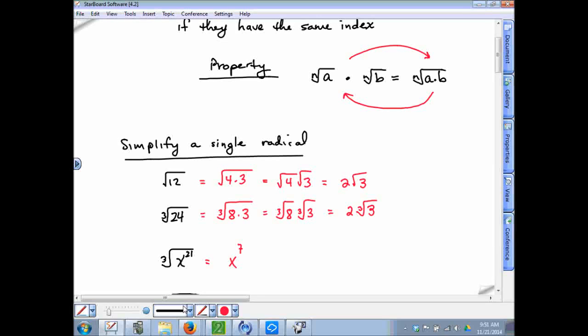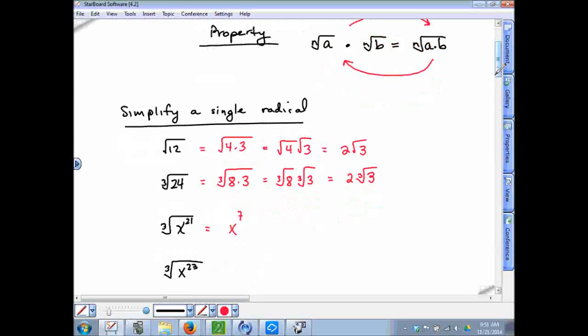So the question was asked, and it's a good question, what if the exponent doesn't divide by the index? That's a very good question. So let's take a look at this one. So obviously 23 doesn't divide by 3 evenly.